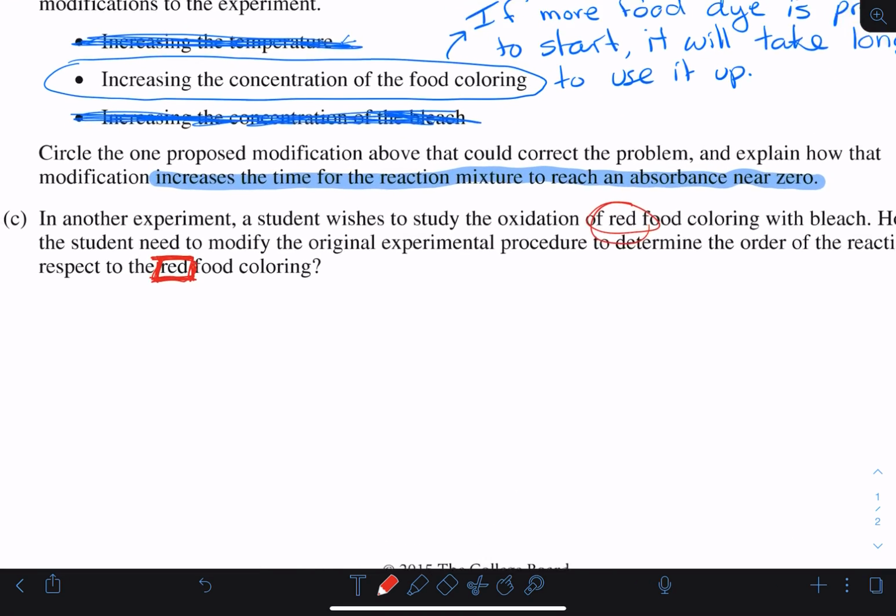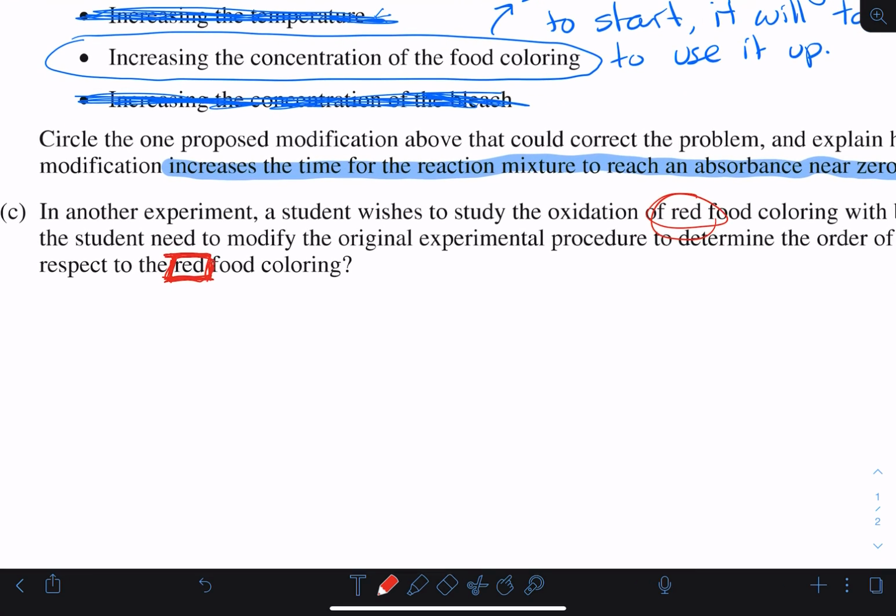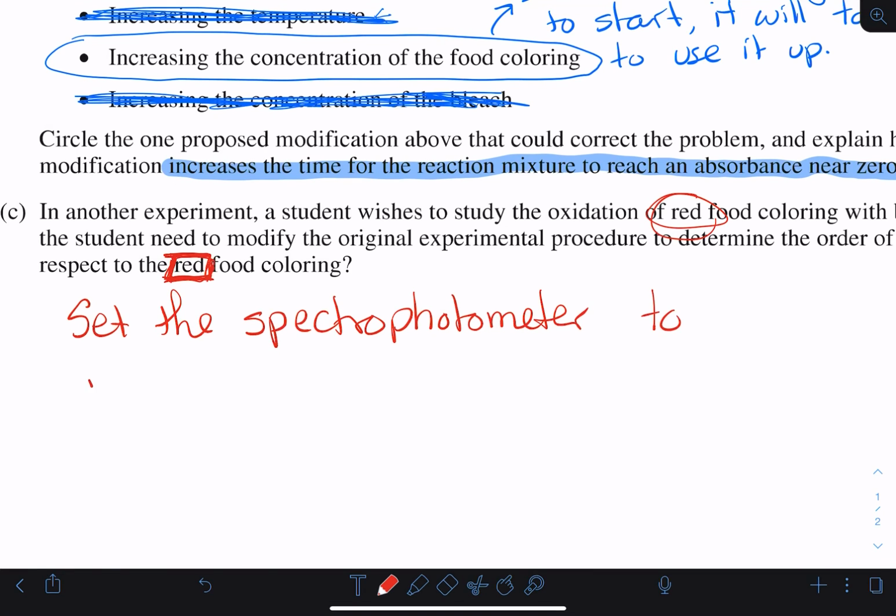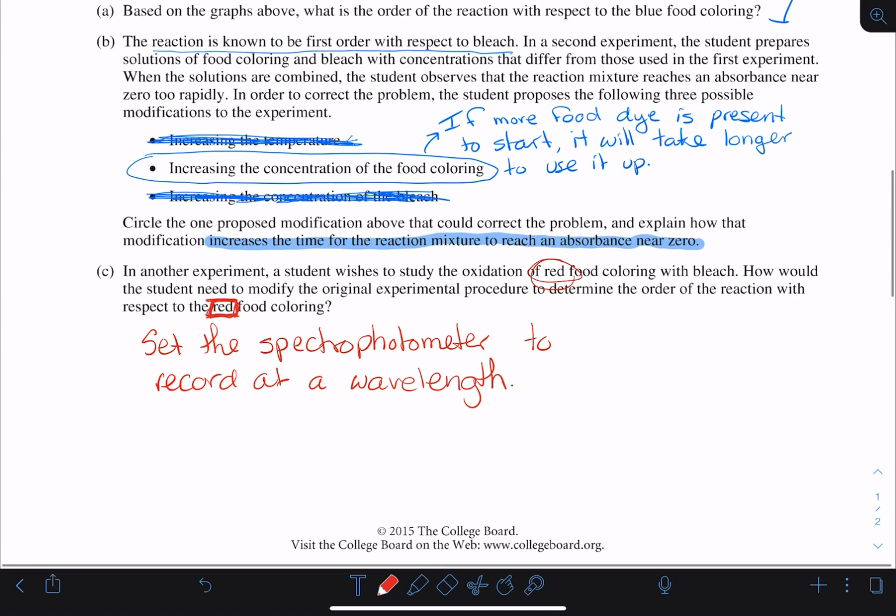So the only thing this student has to change is that they need to set the spectrometer, or spectrophotometer, to record at a different wavelength. And again, we weren't really asked to explain anything in this part of the problem, so that's all we need to say.